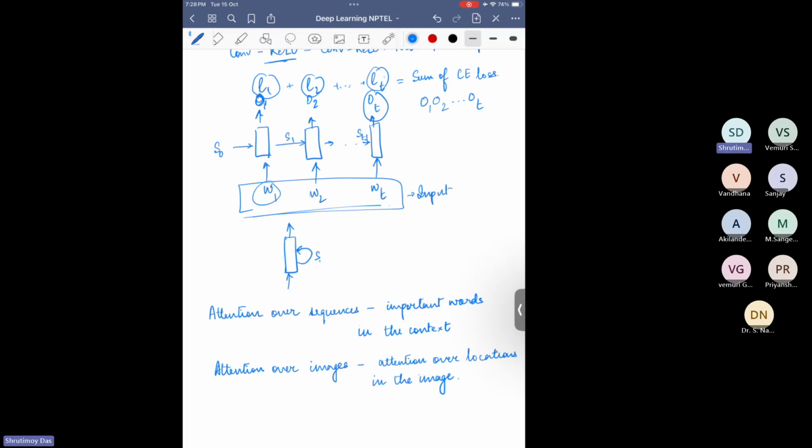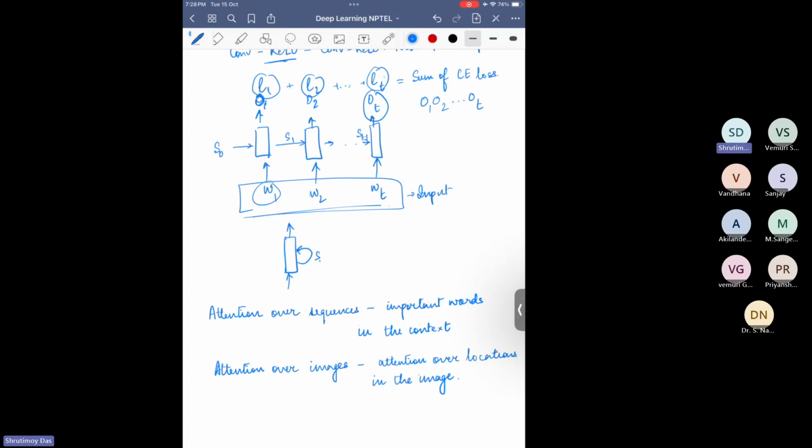Any more doubts on this week's topic or anything before this? Just a small thing. In hierarchical attention, there was this term utterance.